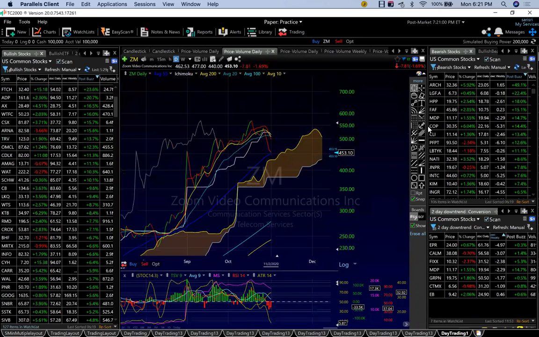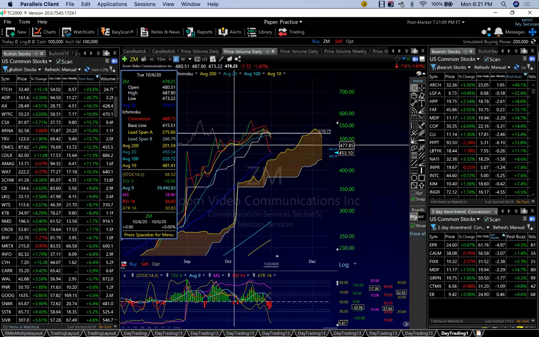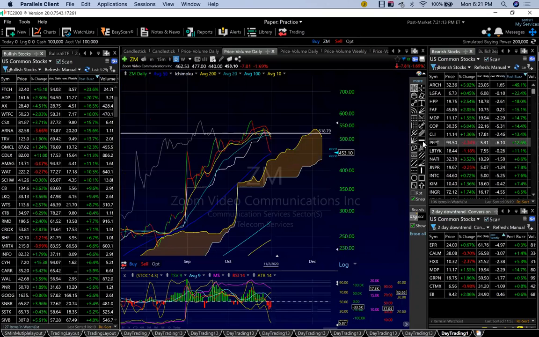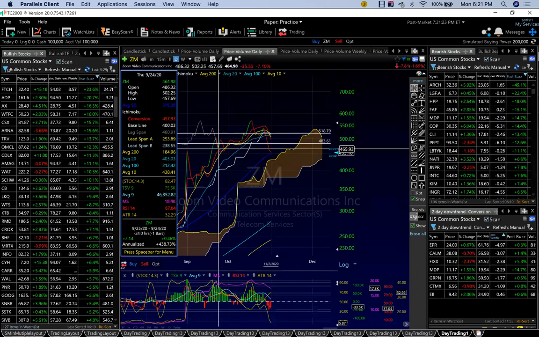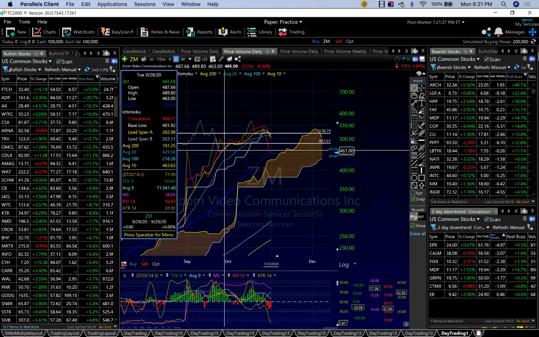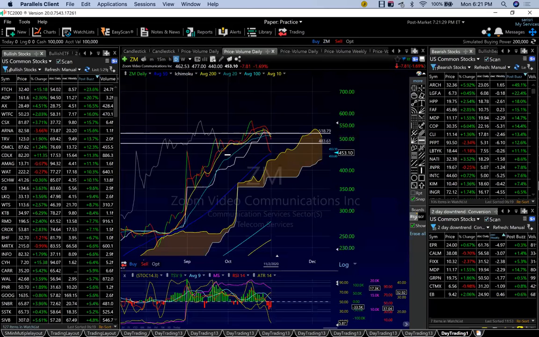This is one of the resistances, 518, then there is a resistance here at 480. This is where it broke the other day, 480. We said that it will go to 480 the other day. And then there was a 460 here, 466.50, 464.98, and this is 465.50. So pretty close, you can say.